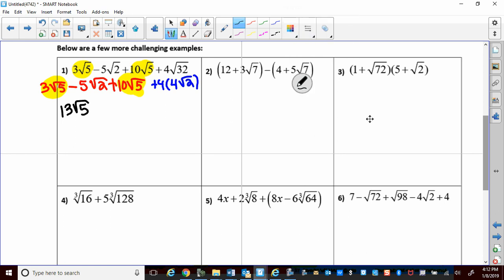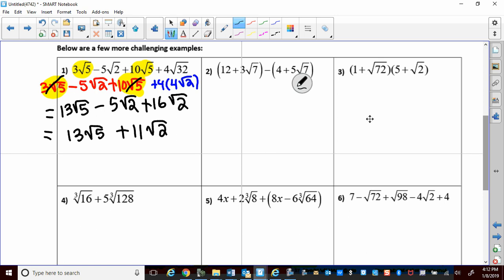So I'm just going to write them out and scratch out the ones I already took care of. Minus 5 square root of 2 plus 16 square root of 2. 4 times 4 is 16. Okay? Simplifying, I get 13 square root of 5 plus 11 square root of 2.